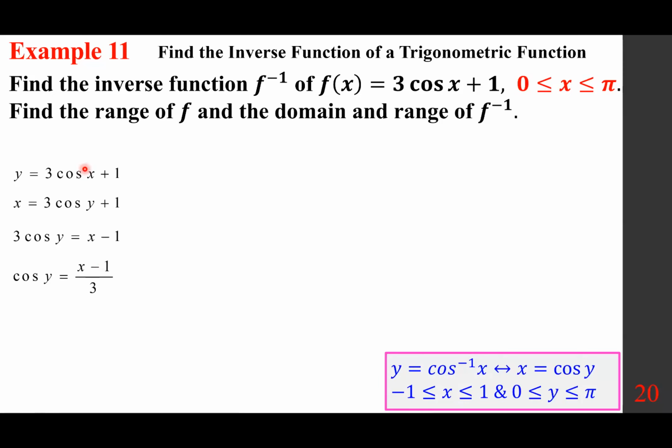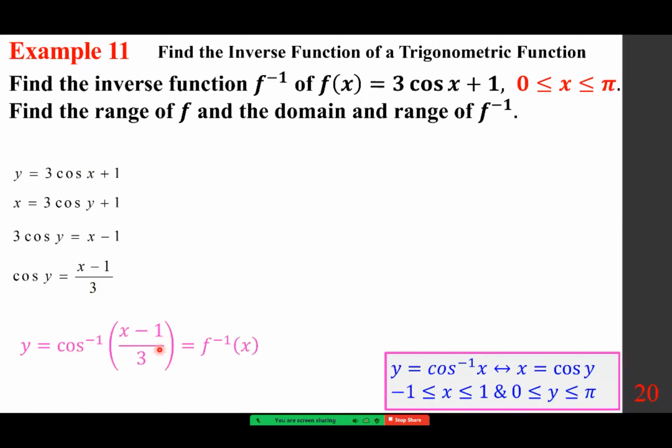So in short, interchange x and y, solve for cosine y. And right here, by definition of an inverse, y is cosine inverse of x minus 1 over 3. And cosine inverse of x minus 1 over 3, or y, we also call f inverse of x. So we found the inverse.